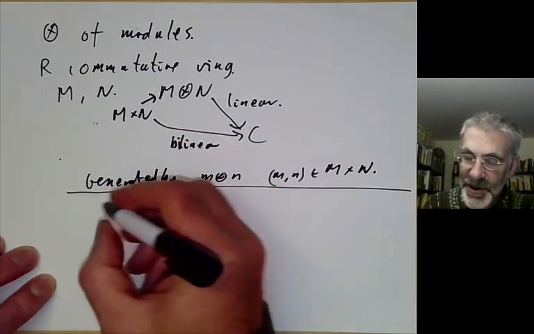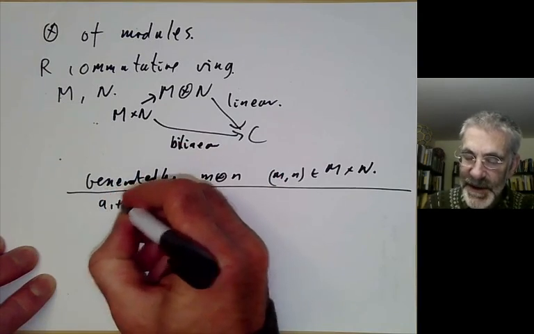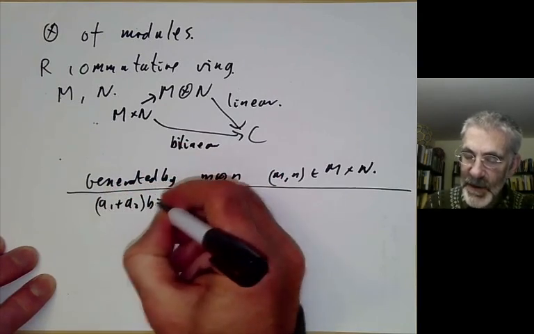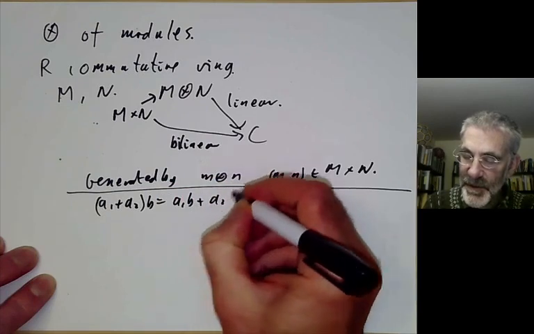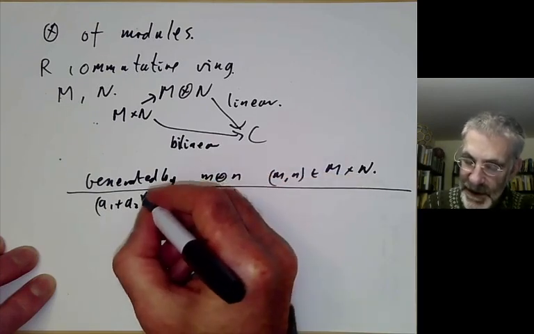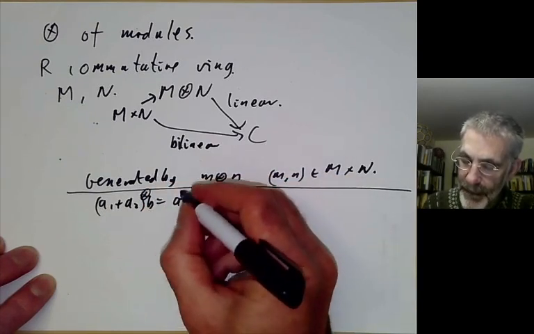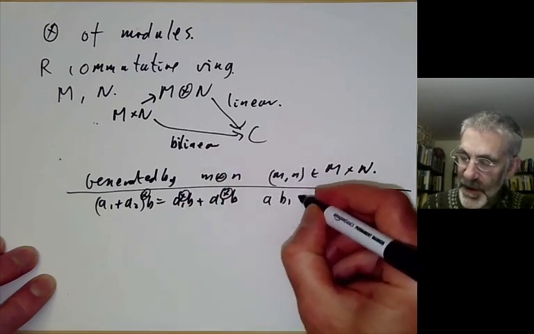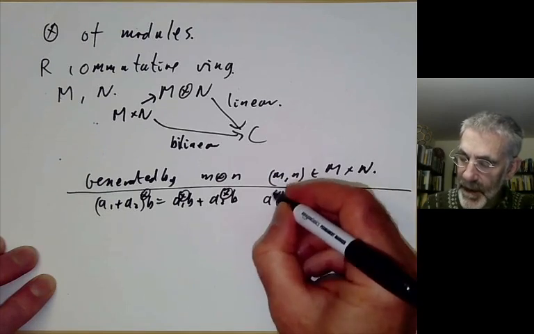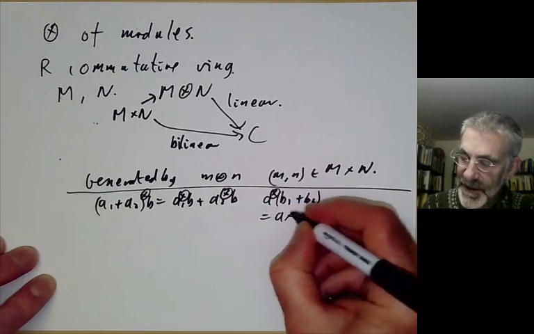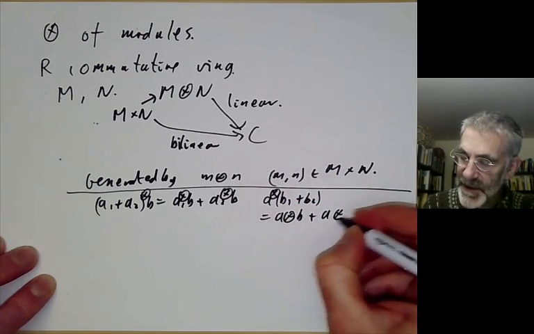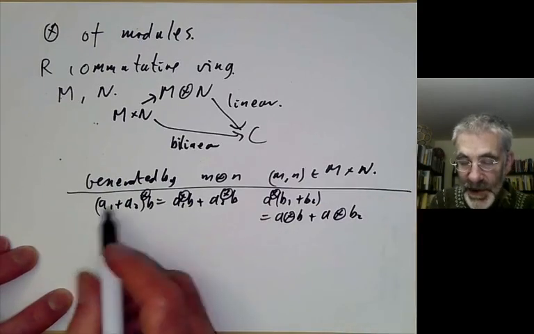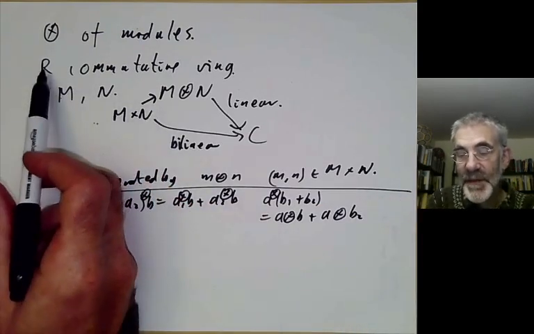So we have the relations (a1 + a2) tensor b equals a1 tensor b plus a2 tensor b. And we have the relations a tensor (b1 + b2) should be equal to a tensor b1 plus a tensor b2. But we also need some other relations to force this to be R linear.